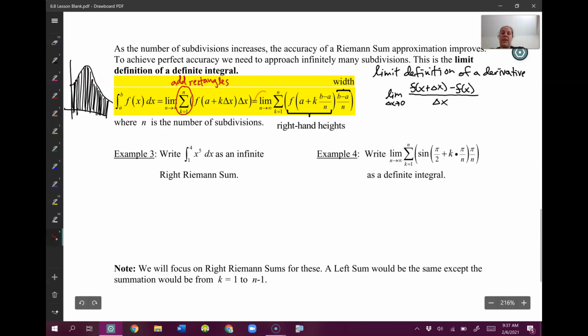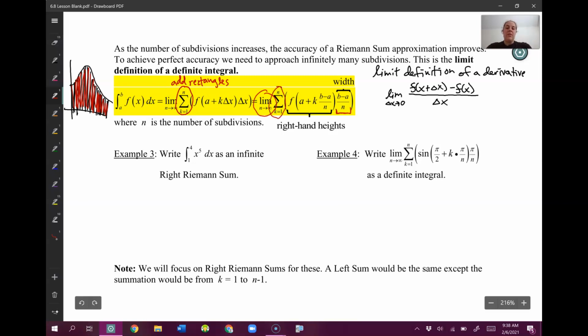That is this limit as n goes to infinity. So that is saying my width of my intervals is getting smaller and smaller and smaller. And then as those get smaller and smaller and smaller, infinitely smaller even, that's how we get the area under this curve. So limit as n goes to infinity, as we add all the rectangles together.